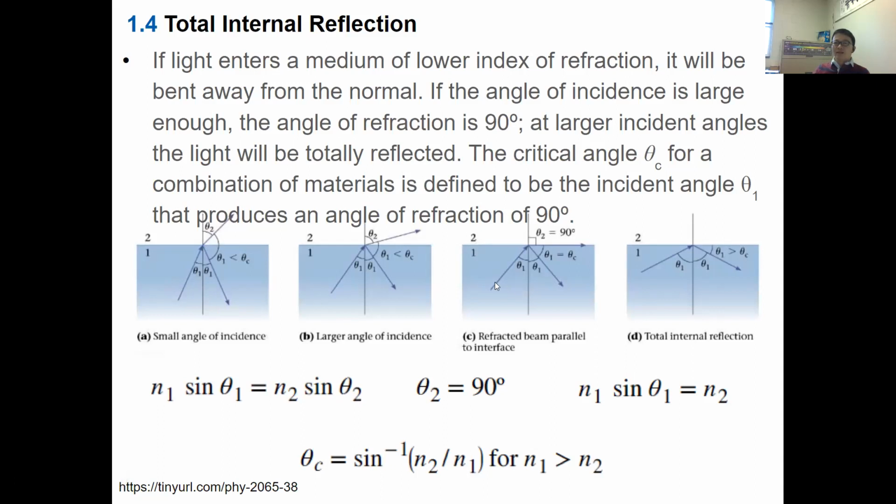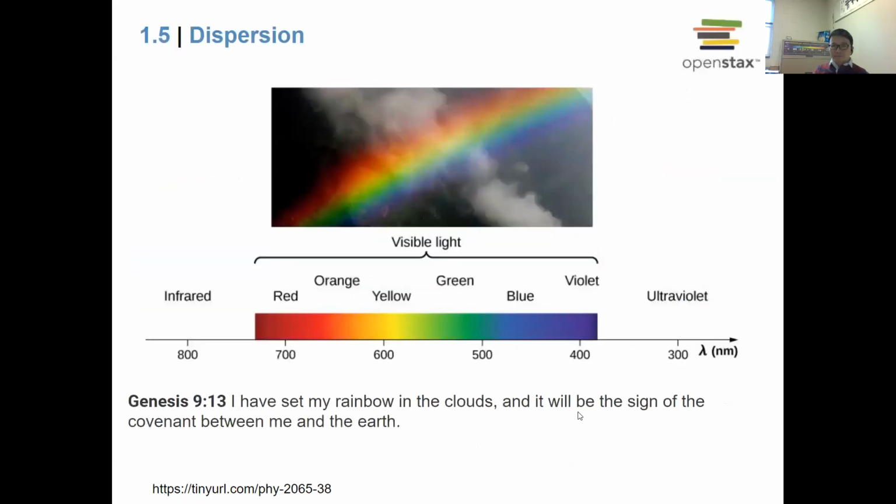That means the light cannot go into the second medium if your angle is greater than the critical angle, which you can calculate. Basically, you set the refracted angle equal to 90 and you get the critical angle for the incidence angle. Today we'll be looking at dispersion and also polarization of light.